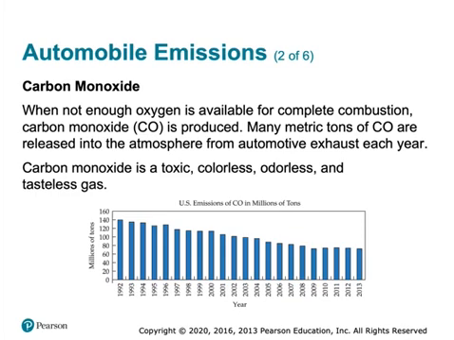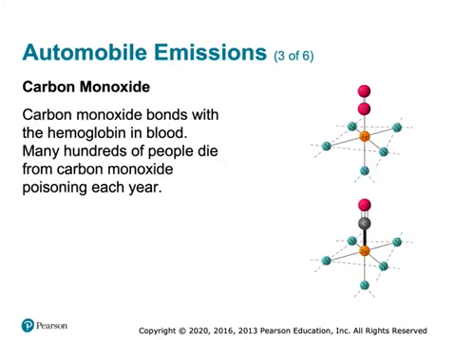Carbon monoxide is really poisonous, and one of the ways we can get it down is using a catalytic converter. Carbon monoxide is a poison because it binds with hemoglobin more strongly than oxygen.